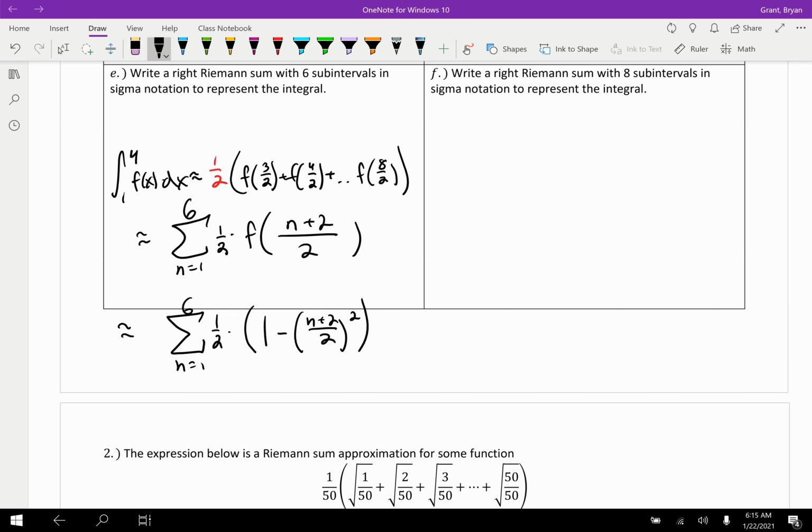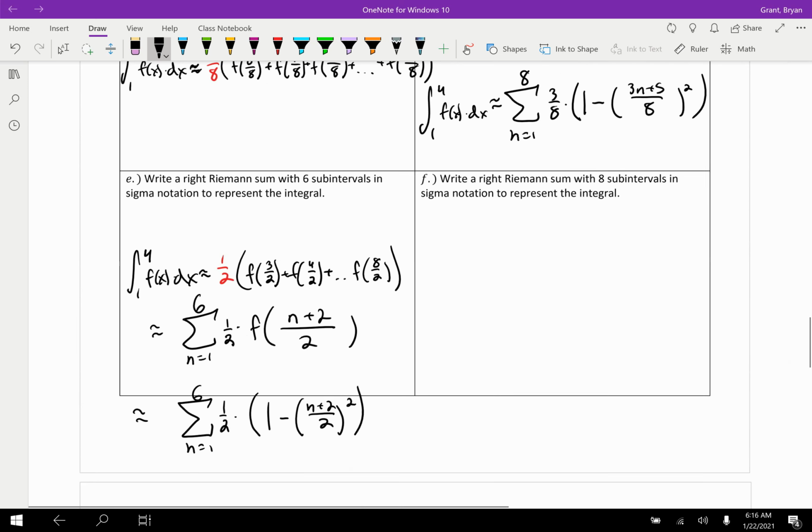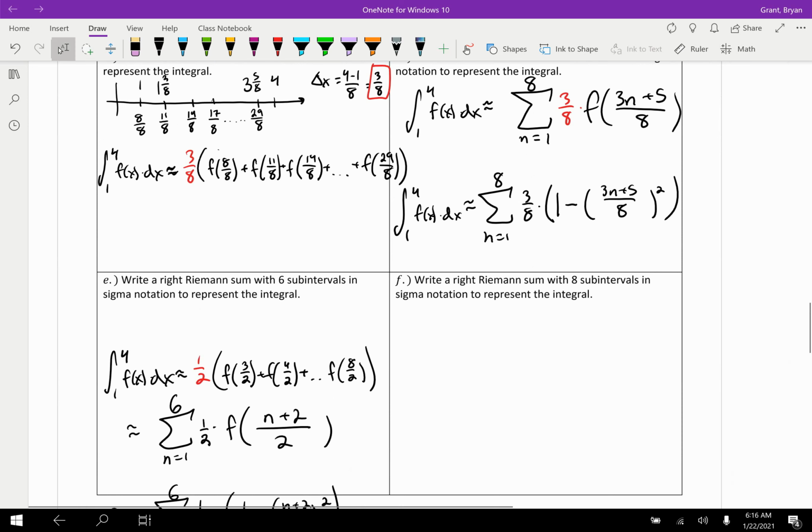See? Much faster. Last one, right Riemann sum. Well, we just kind of did that up above. Very, very similar. Let's see if we can maybe even skip. No, it's probably worth showing this one more time. So, right Riemann sum, 3/8 this time. And our pattern over here is going to start with 11/8 this time and finish with, what's 4 in terms of 8ths?